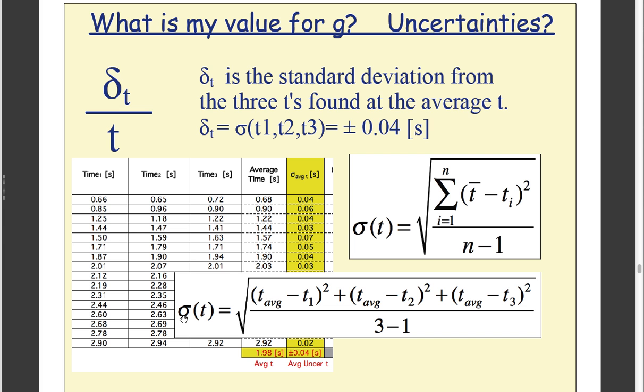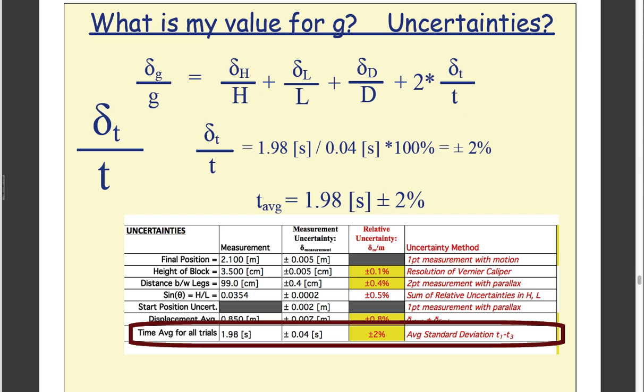So just do the standard deviation once. I did it for every single one because I used a spreadsheet, but we want you to do this by hand. And you're going to record that in your data table, the time average for all the trials, the uncertainty, and then the relative uncertainty, and state that that was the standard deviation of T1 through T3.